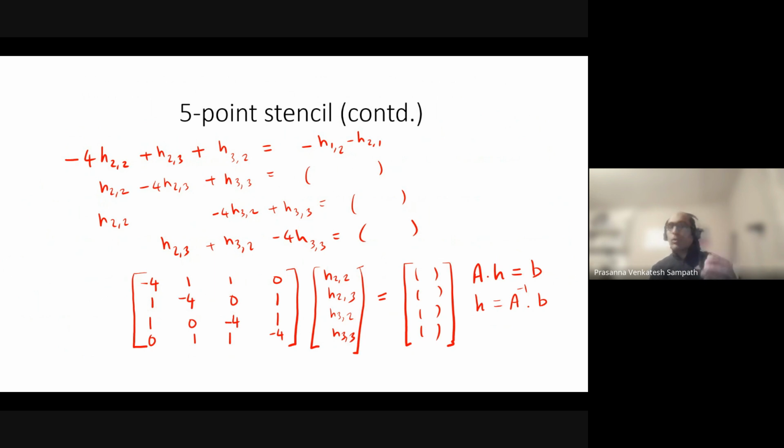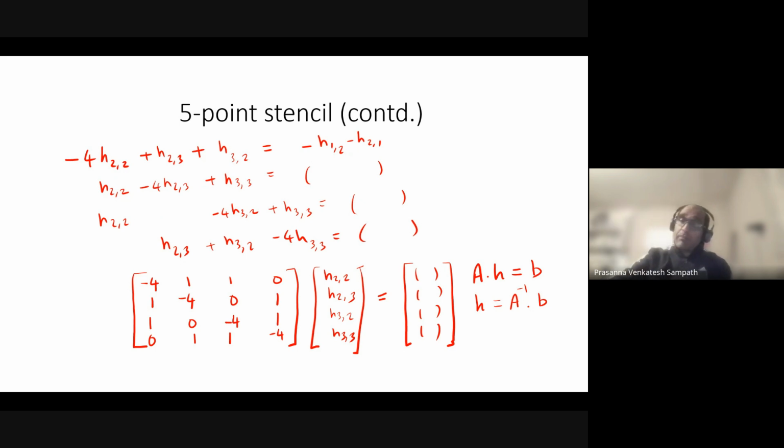If the numbers are small, they can be solved by hand. But if not, I can easily set it up in a manner that allows me to solve this as a system of equations. All that matters now is that I invert that matrix and I'm done. Once I invert that matrix, I multiply it by the vector B. I get the head values in each cell inside my domain.